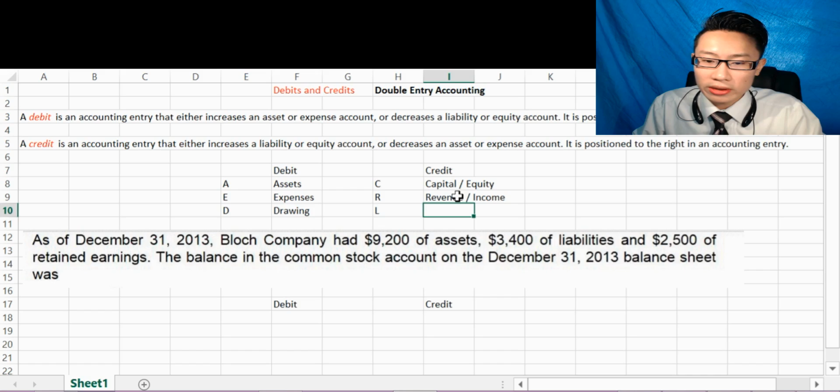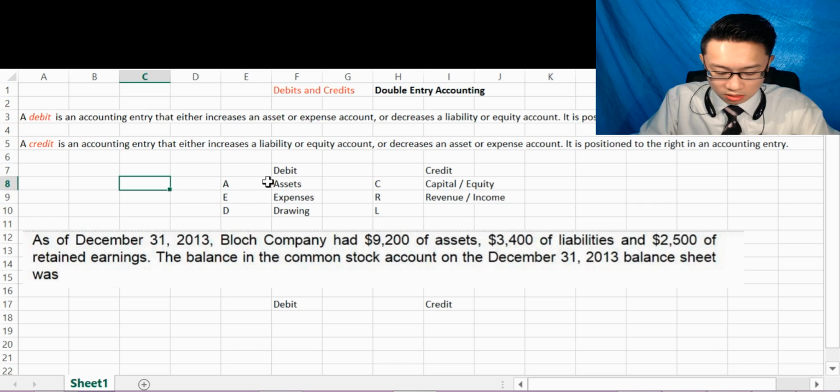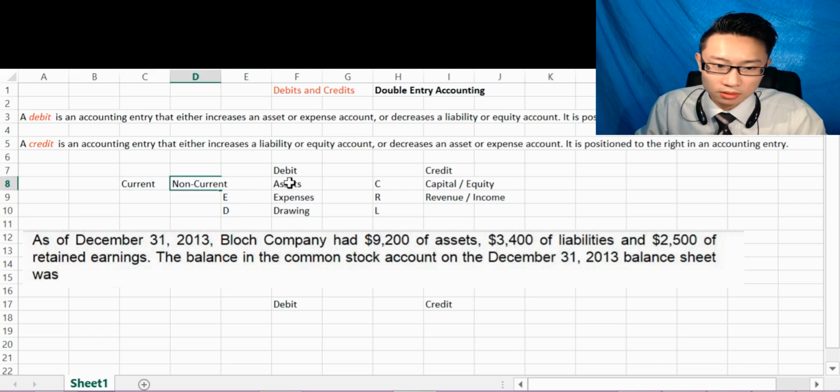And lastly, we have the liabilities. Liabilities also can be considered as current or non-current liabilities. So maybe I should put it here, current and non-current. So you'll know what I mean when it's non-current. Non-currents are usually plant, property, and equipment.